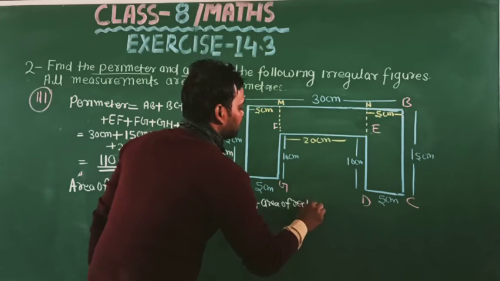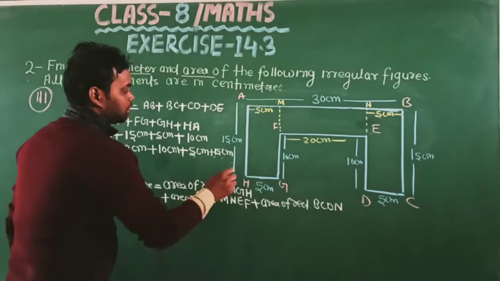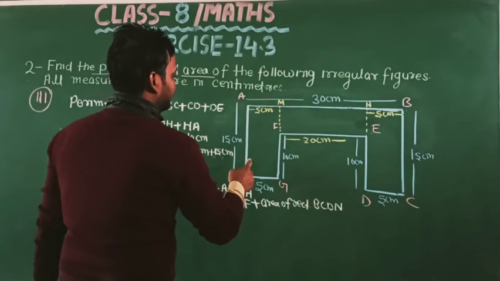Okay, BCDN. So this is length into breadth.